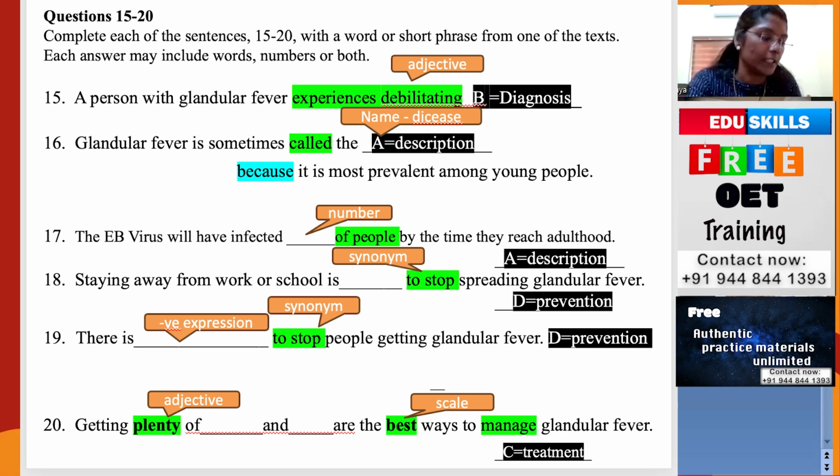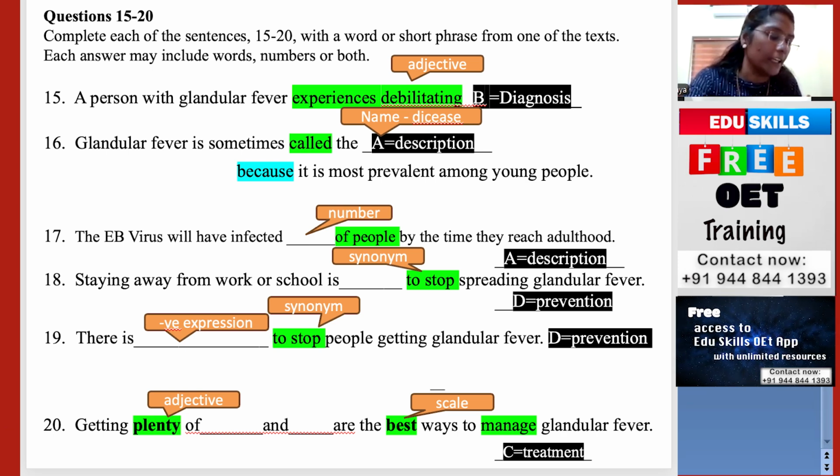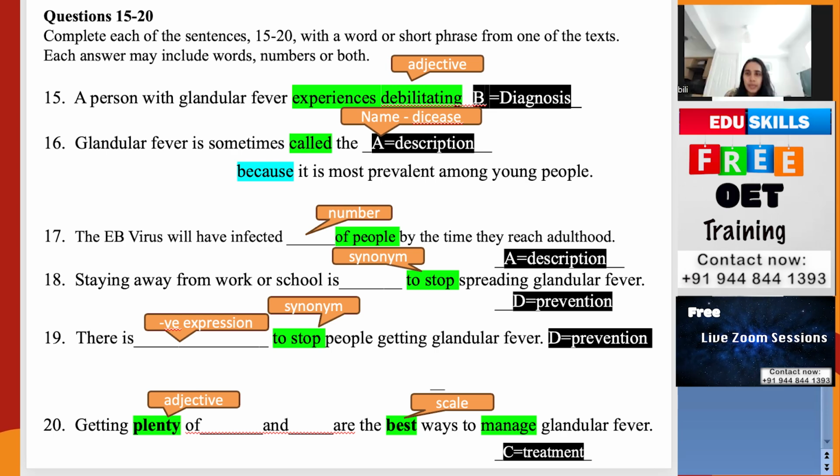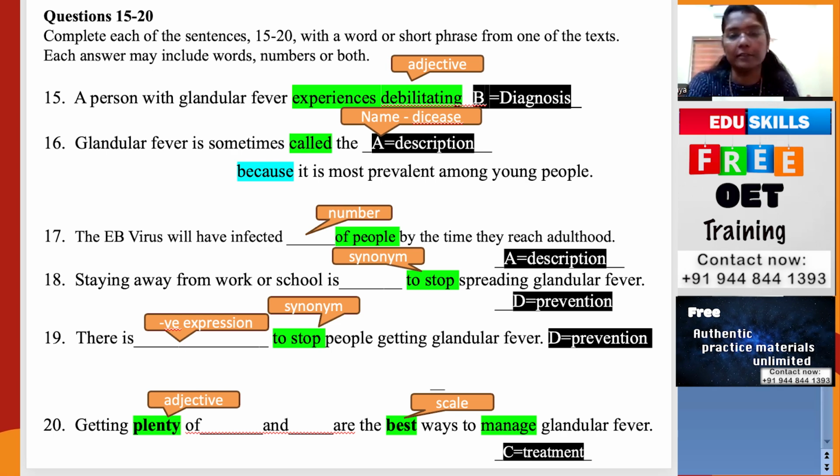Then 17, the EBV virus will have infected dash of people by the time they reach adulthood. What do we need to write? The answer is 90 to 95%. The percentage symbol must be there, otherwise the answer will be wrong.